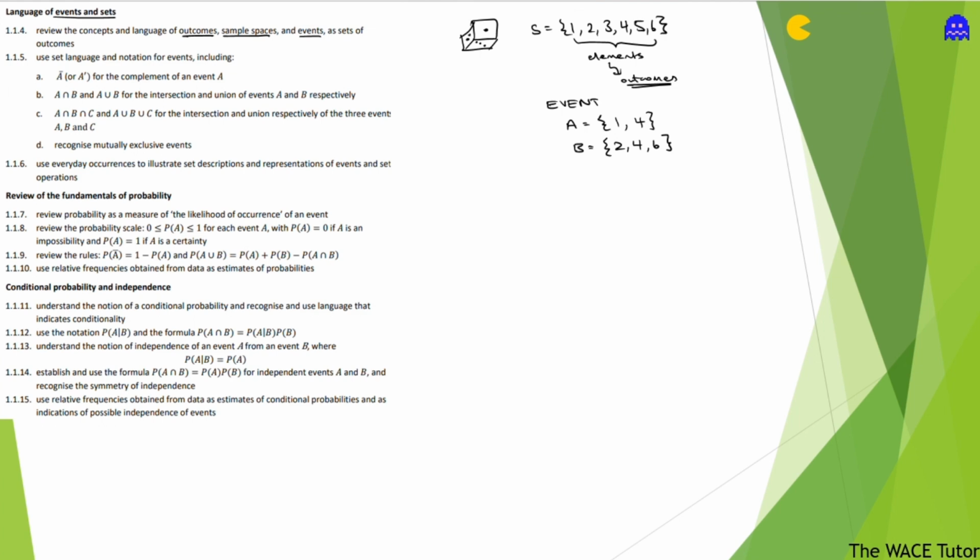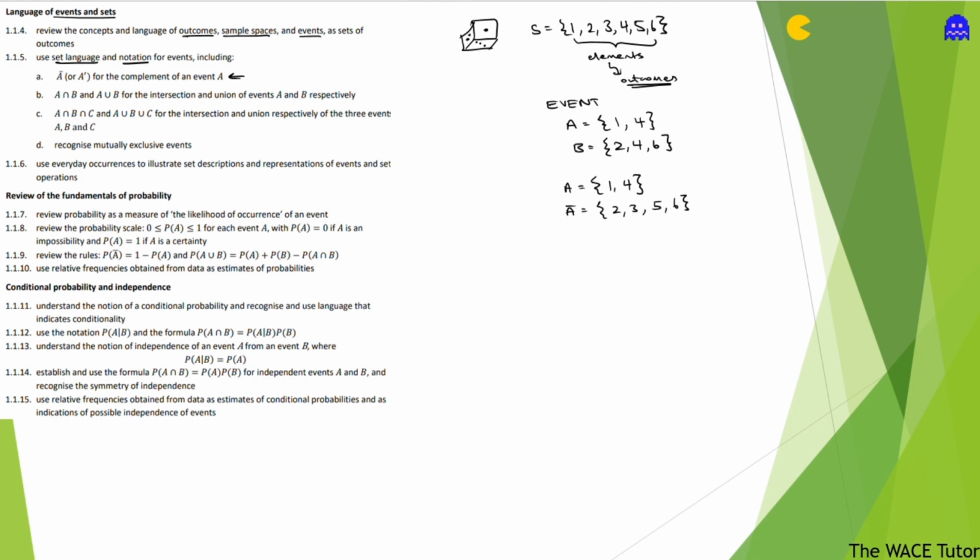Let's introduce some more set language and notation. This first point we talk about is the complement of an event. To illustrate, if A is equal to the event that we roll a 1 or a 4, then the complement of A is equal to the event that we roll a 2, a 3, a 5, or a 6.